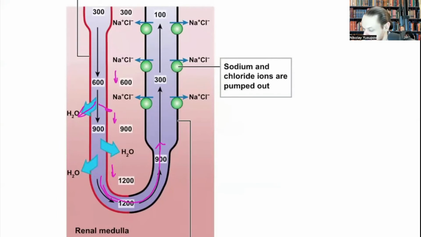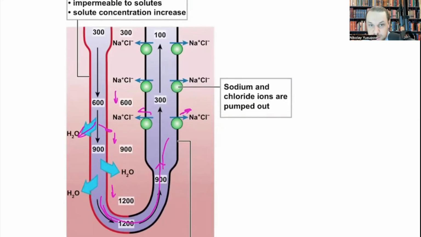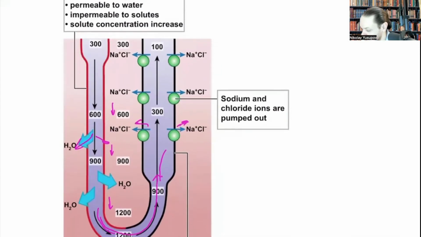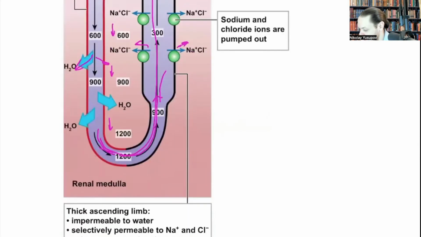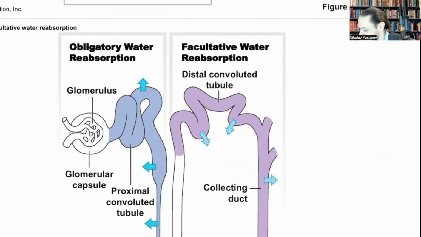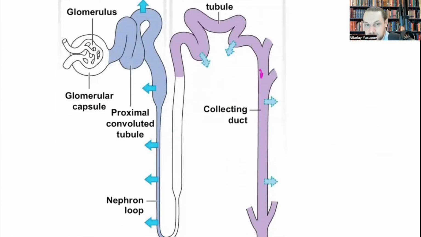The only thing that can move out is essentially just the solutes themselves, the cations and anions. And as it moves up, it's becoming less concentrated, and there are fewer particles in it. As it comes here, it has fewer solute particles and it's dilute.